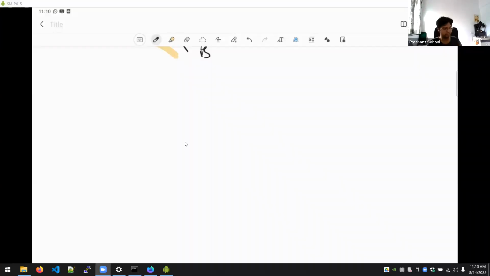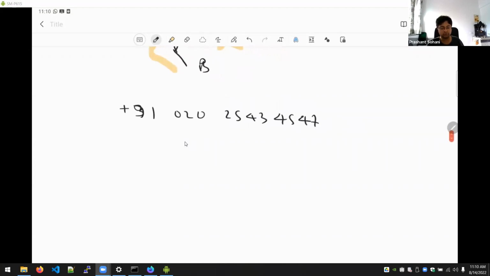So, for example, you know Bhaskar Sir's Pratishthan, their phone number is +91 02025434546. This used to be the number of Pratishthan.